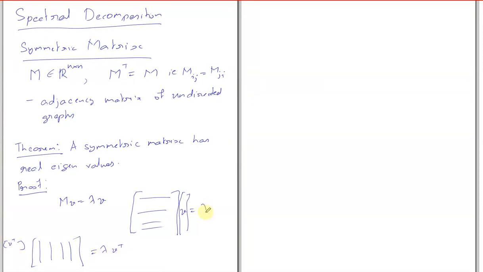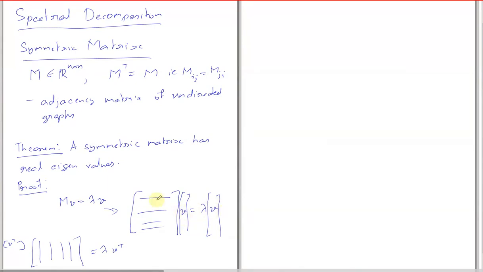Could you say that once more? It was too fast. Sure. You have a square matrix here, V is a column vector, and you get lambda times V. This is what the equation means. How do you get this V?